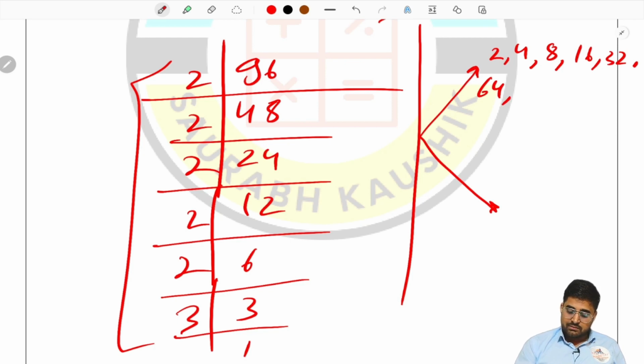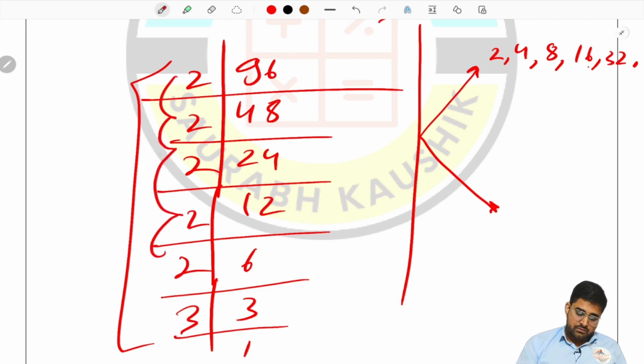Like this only. 64 is not there. 1, 2, 3, 4, 5, then 2 into 3 is 6, and 4 into 3 is 12.